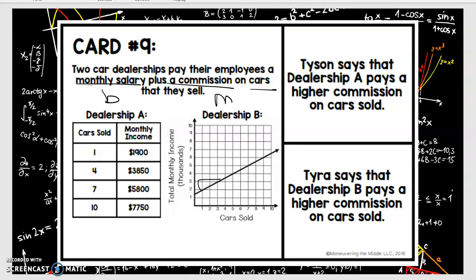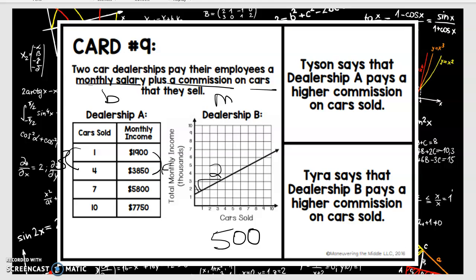So I went up 1, I went over 2, yes, 2. So every 2 cars, he gets $1,000. So if he only sells 1 car, he gets $500. Now over here, the change here is 3. The change here, once again, I did not write down.